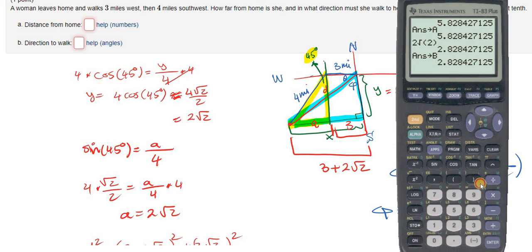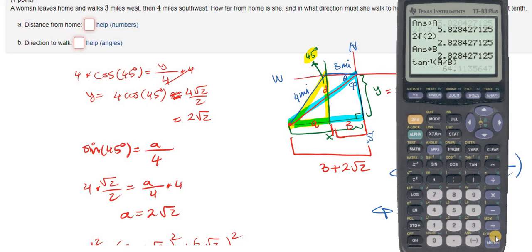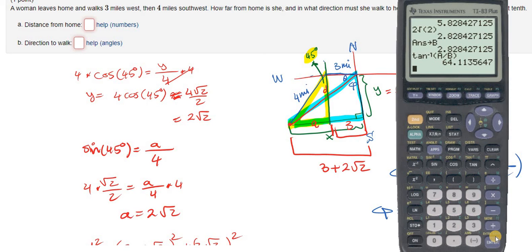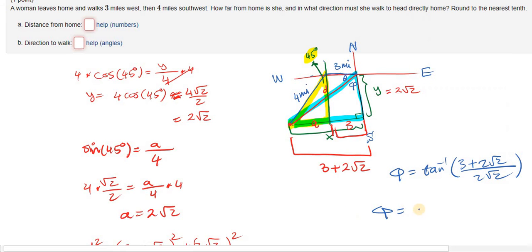Now I need to find inverse tangent of a divided by b, which is going to give me 64.11. So phi is 64.11 degrees. But I don't want phi, I want theta. Theta is equal to 90 degrees minus 64.11 degrees.